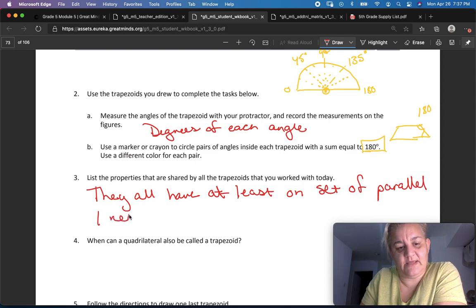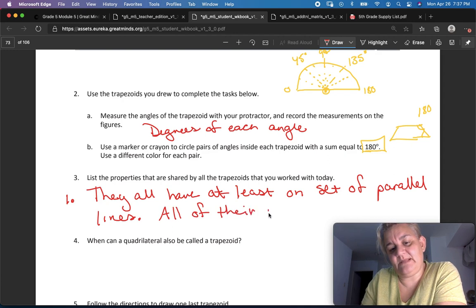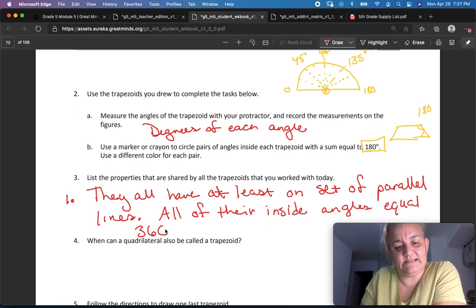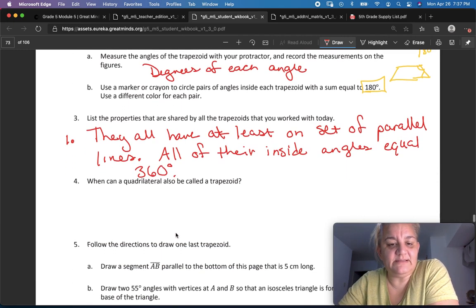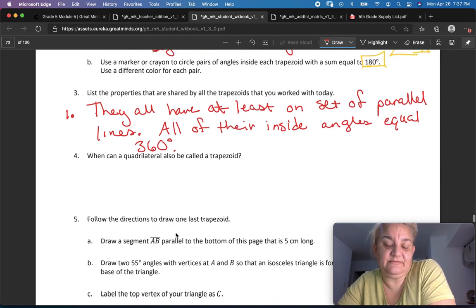Okay, that's one. Also, all of their inside angles equal 360 degrees, okay? When can a quadrilateral also be called a trapezoid?